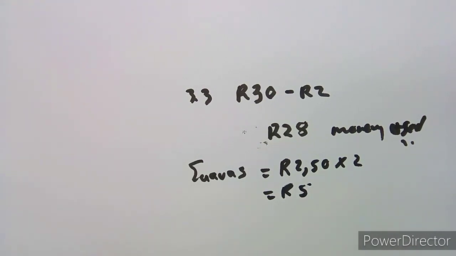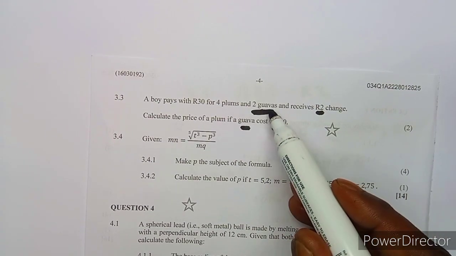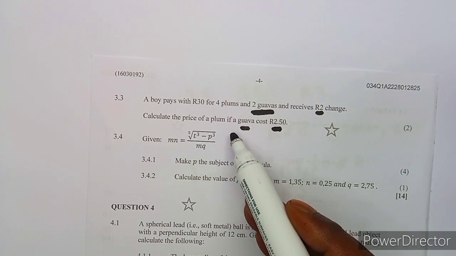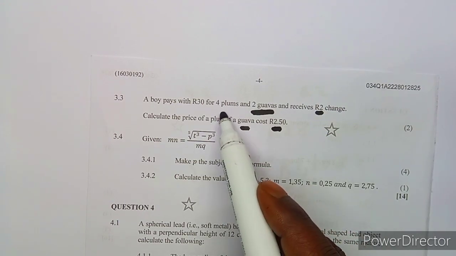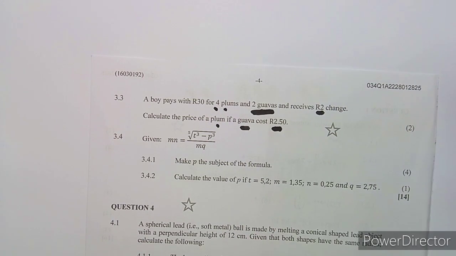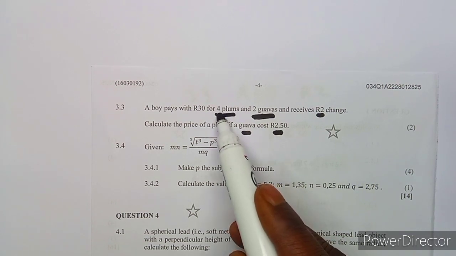So if we used 5 rand to buy all these guavas, how much did we spend to buy just each plum? Because we are given that 4 plums are the ones that we bought. So we need to know the amount for all of these 4.